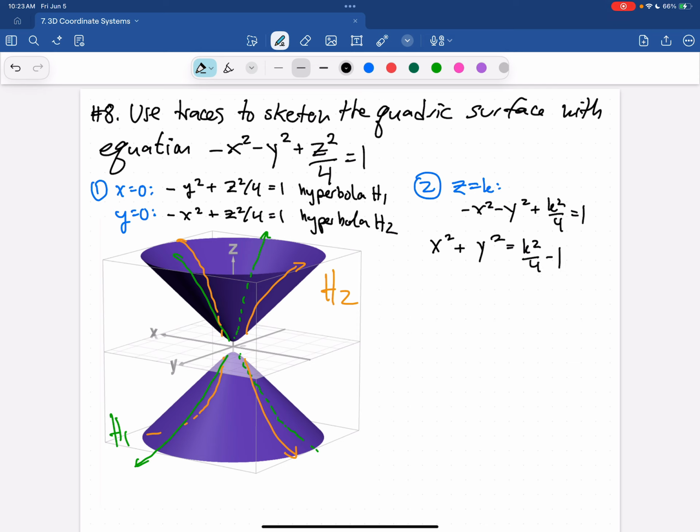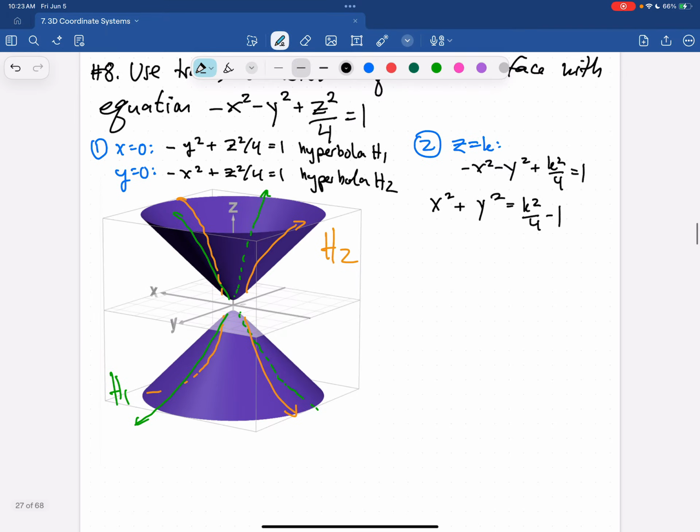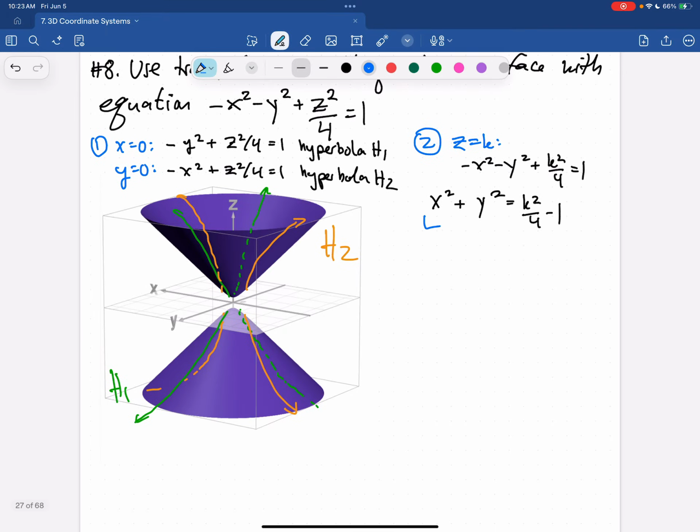Yeah, because if I move the k squared over 4 to the right-hand side and then multiply everything by -1, yes, that's right. Okay, so this left-hand side will always be positive. It's two squared things added together.